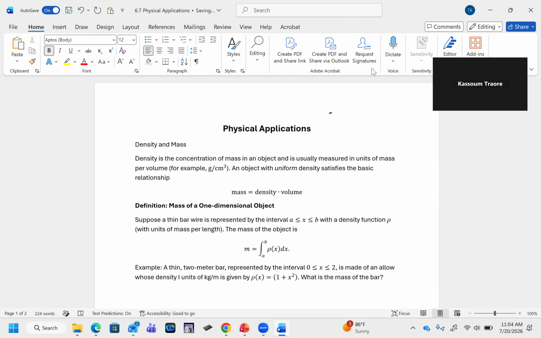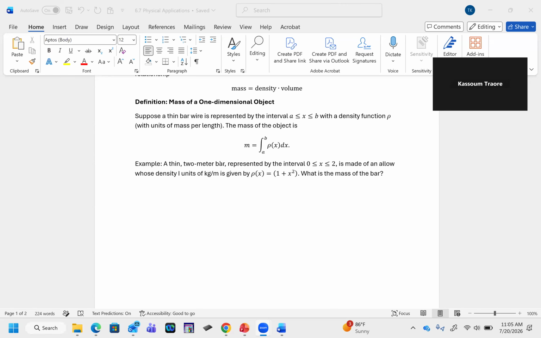Let's jump and solve the first example. A thin 2-meter bar represented by the interval 0 is less than or equal to x, which is less than or equal to 2, because the bar is 2 meter, is made of an alloy whose density in unit of kilogram per meter is given by rho x is equal to 1 plus x squared.